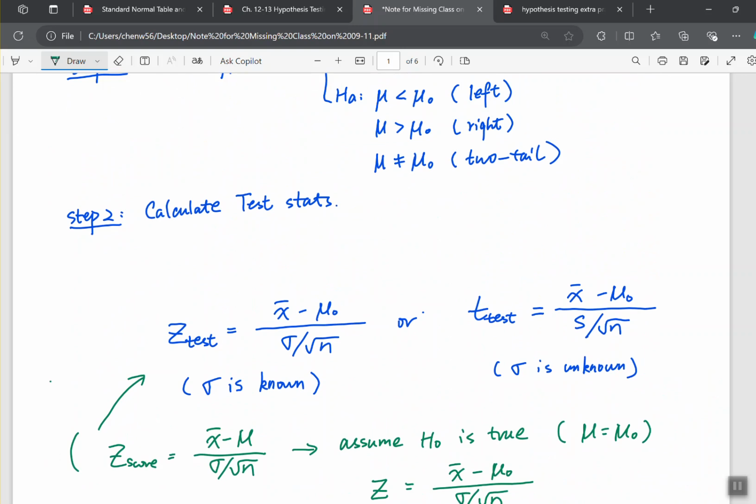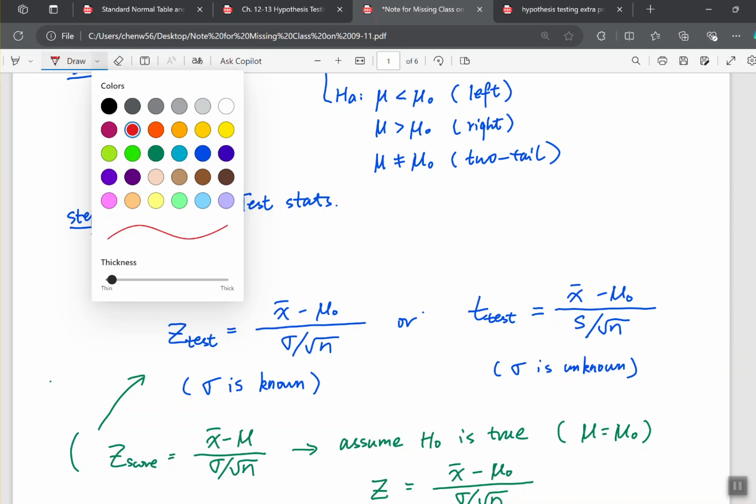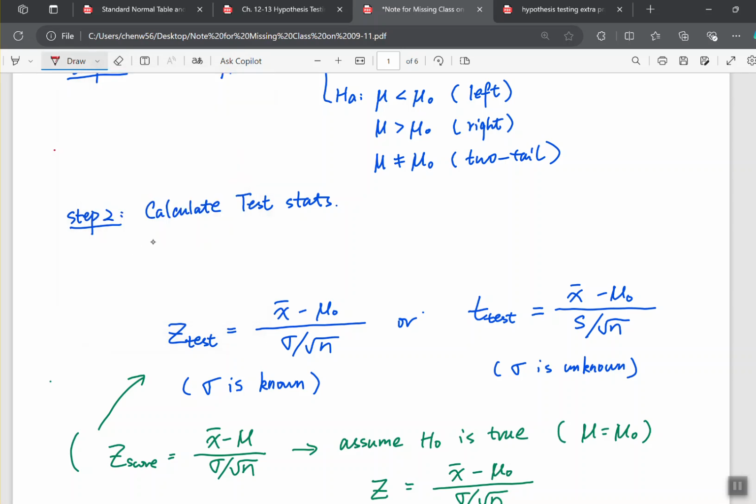So we do need to check assumptions first. If any of these assumptions are not satisfied, then of course we don't know whether it follows a normal distribution or not, and we cannot have this z-score formula anymore. Then everything else will be meaningless.